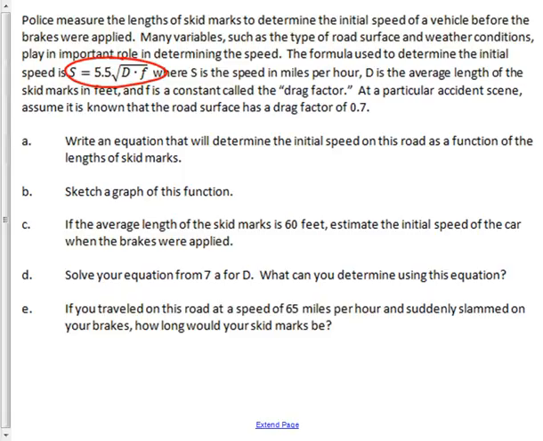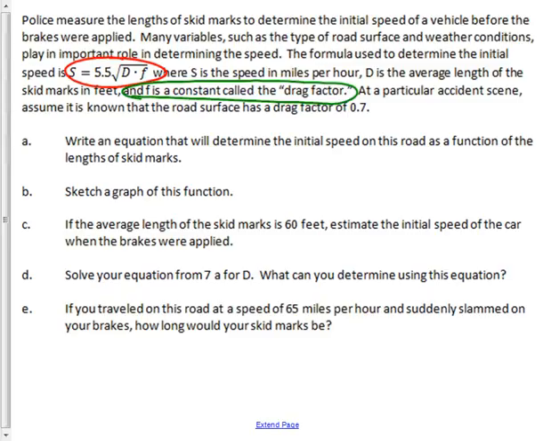D is the average length of the skid marks in feet. And F is a constant called the drag factor. Well, I guess they have F for factor, so the drag factor has to go under F. You just have to read it carefully, and then it's really not that bad.